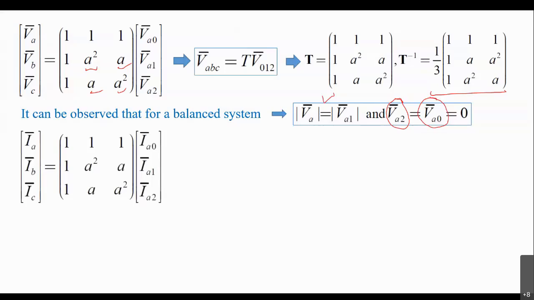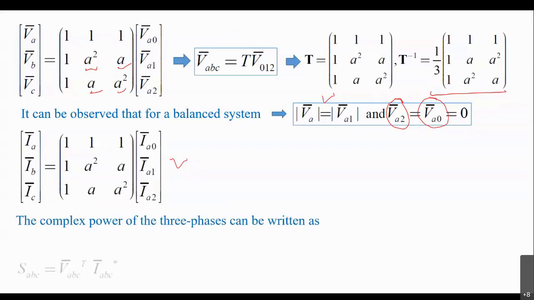Similarly, the ABC or three-phase currents can be represented using the sequence components. The complex power also can be represented. The three-phase power we generally write as VABC transpose IABC conjugate. Now I can transform this ABC into 0, 1, 2, the sequence component elements.